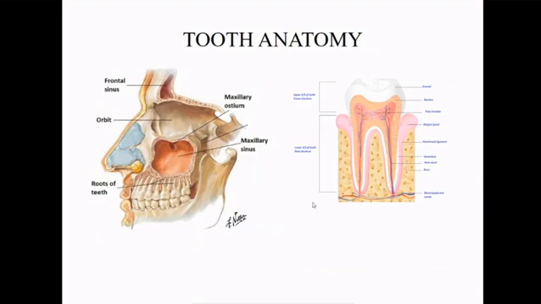Okay, this is root, 2/3 of the tooth. 1/3 only is crown that appears that we can see, and in this crown area, the outermost layer is enamel, the hardest layer, and then the second layer is dentin, and the third layer after the dentin is pulp, dental pulp.